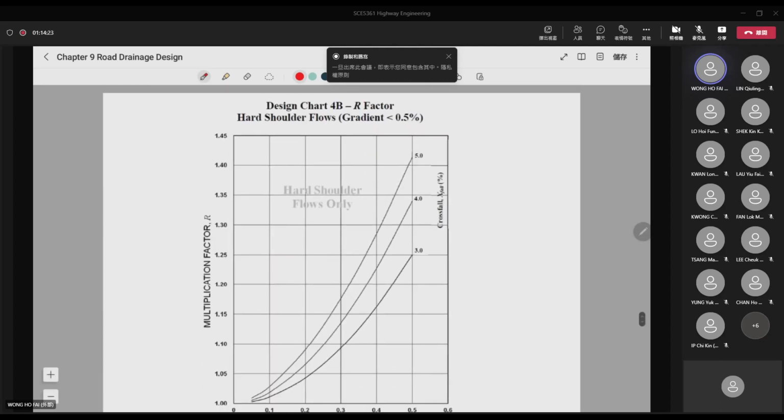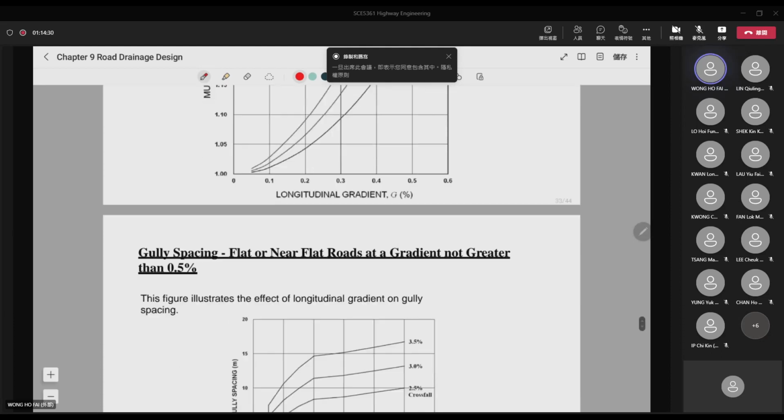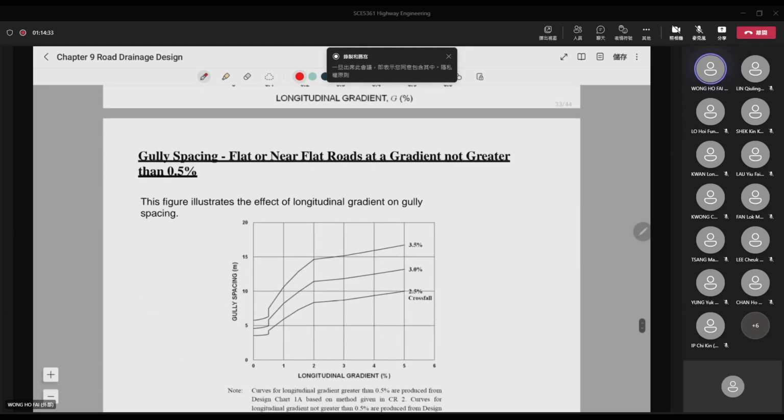And then for the hard shoulder flow, again, if it's more than 0.5%, there's another graph here. If we plot all the things under the gully spacing, you can see that if the longitudinal gradient is increasing, then the gully spacing is also increasing. From 1 to 2, from 2 to 3, from 3 to 4, the gully spacing is increasing.